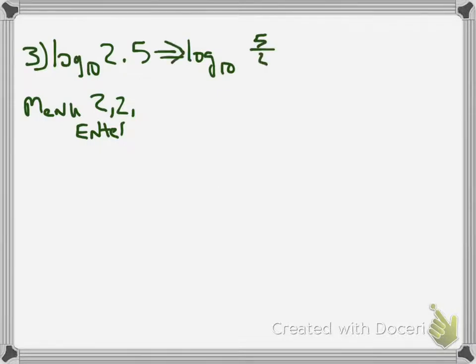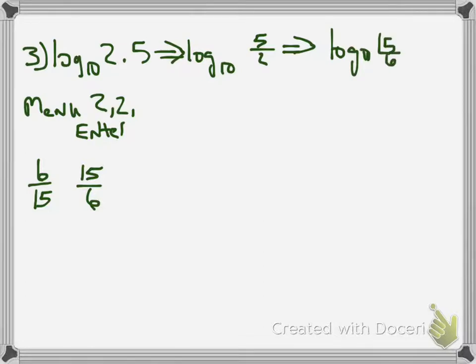Now, from there, okay, well, again, I need this in terms of 15 and 6. So you can try like dividing 6 and 15 or 15 over 6 into the calculator. And when you do that, guess what? 15 over 6 will transform to 5 over 2. So I can think of this as log base 10 of 15 divided by 6, which means I can say log base 10 15 minus log base 10 6.